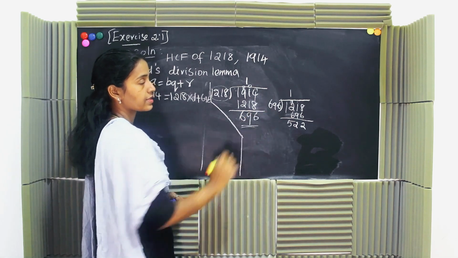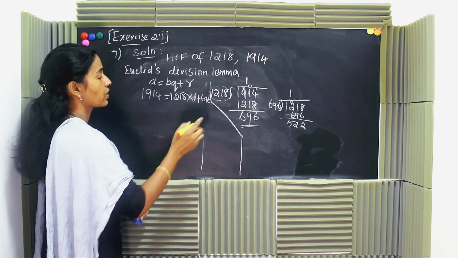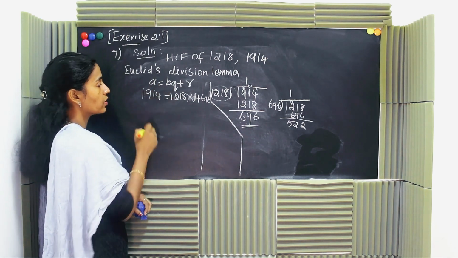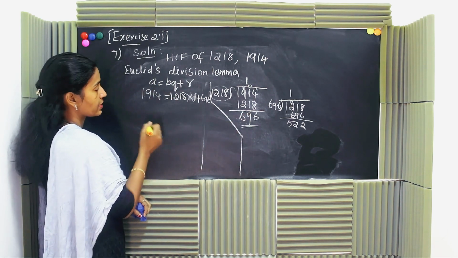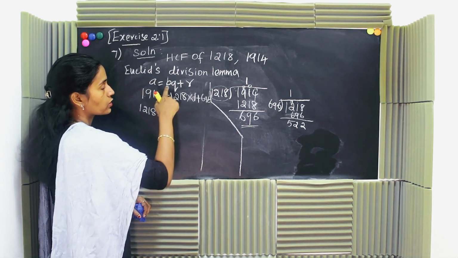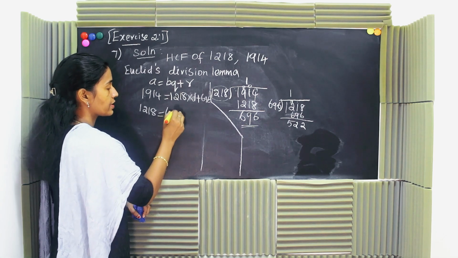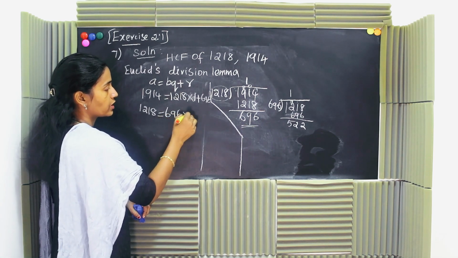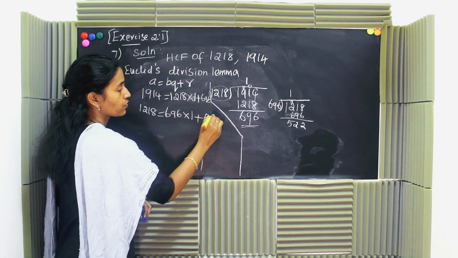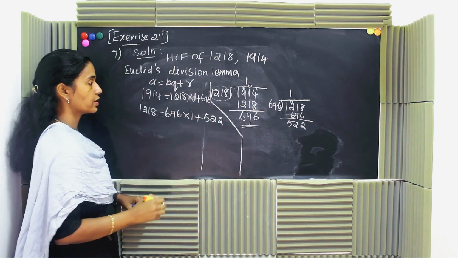Divisor 696. So if I apply all the values in this formula, what would be the next step? 1218 equals, what is B here? 696 into Q, 1, plus remainder 522, right?